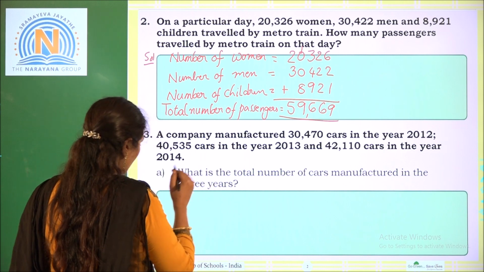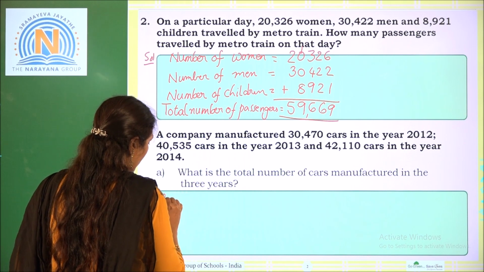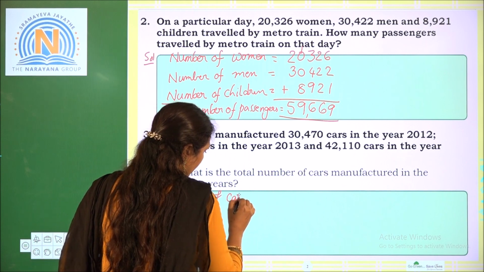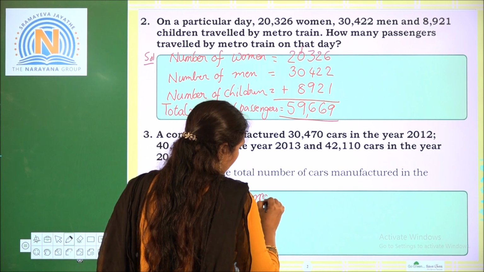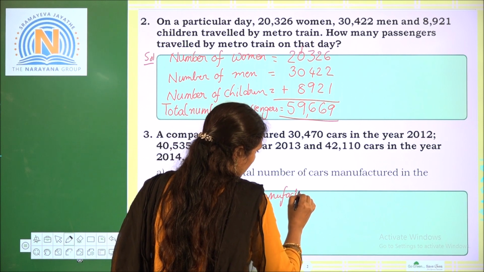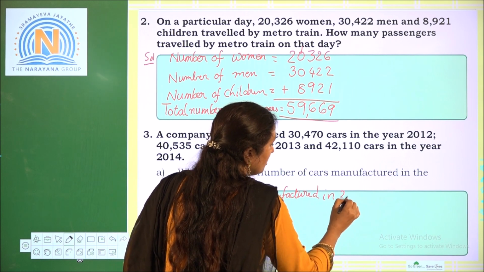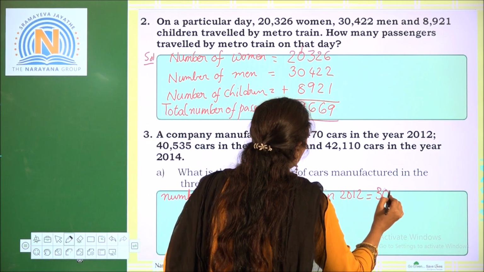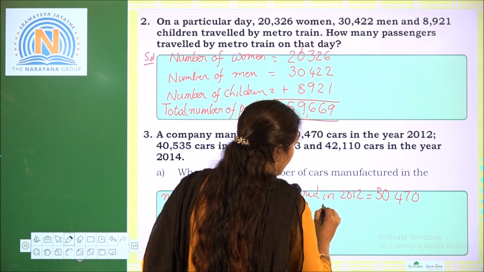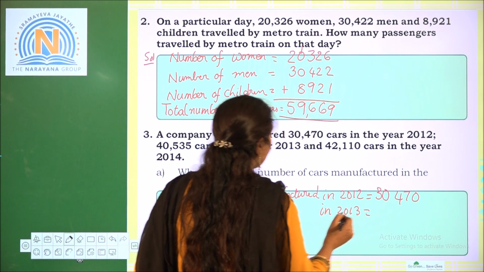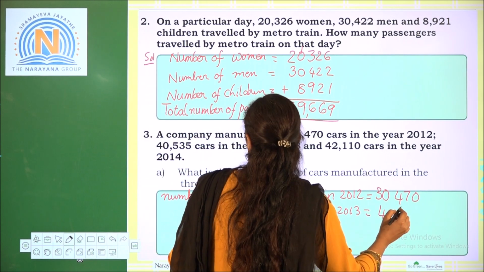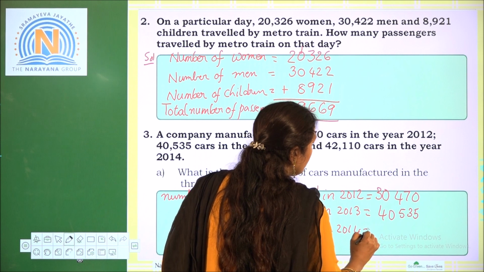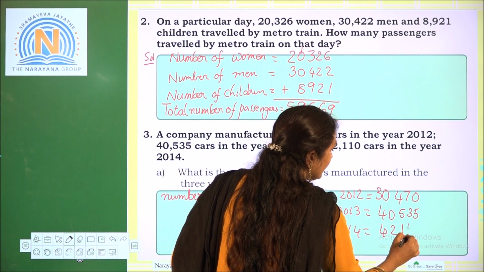So first we have to write the number of cars manufactured in 2012 equals 30,470, in 2013 equals 40,535, and in 2014 equals 42,110.